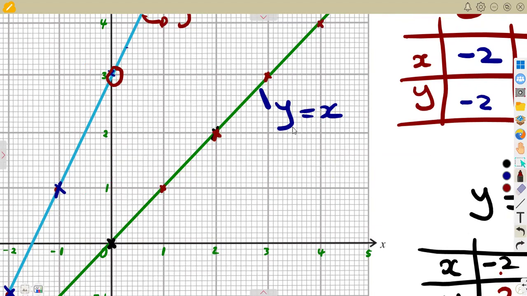So if you understand this concept, you do not need the table values. But be careful, because I'm saying this only if the scale is the same. What am I trying to say? 2 centimeters to represent 2 centimeters to represent.